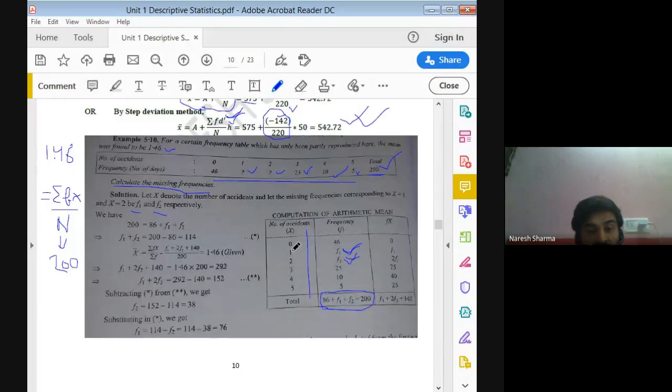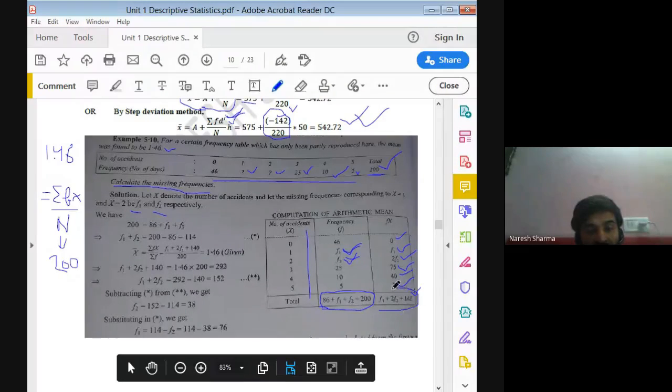So f into x: 0 into 46, 0; f1 into 1, f1; f2 into 2 is 2f2; 25 into 3, 75; 10 into 4, 40; 5 into 5, 25. We just add all these. Once you add, it is f1 plus 2f2 plus 75 plus 40, 115, plus 25 is 140. So this is the sum.